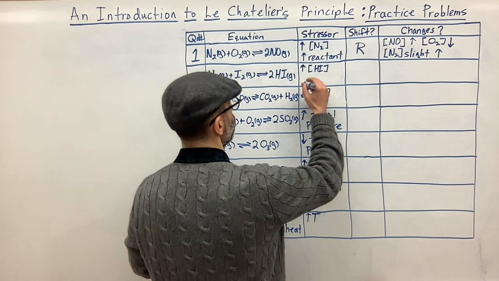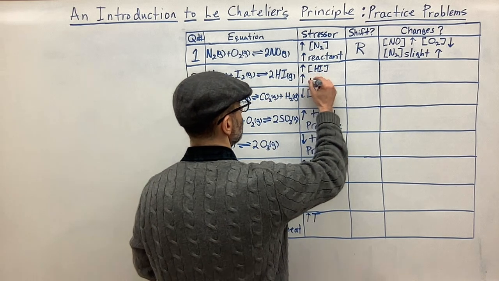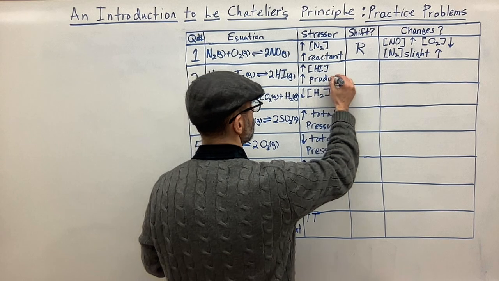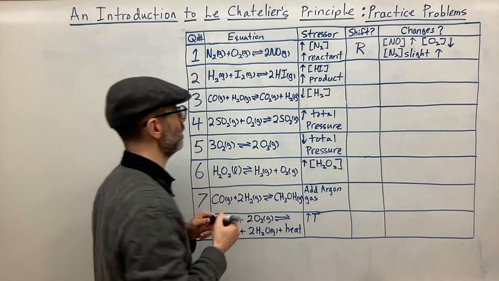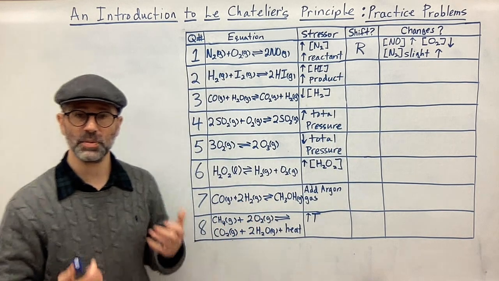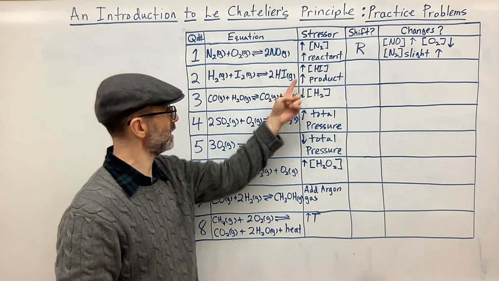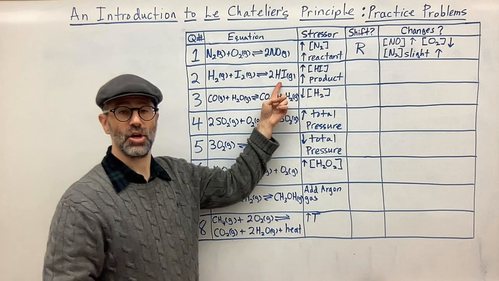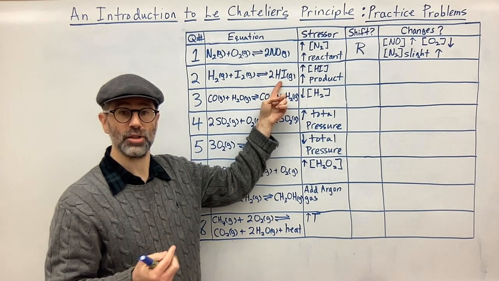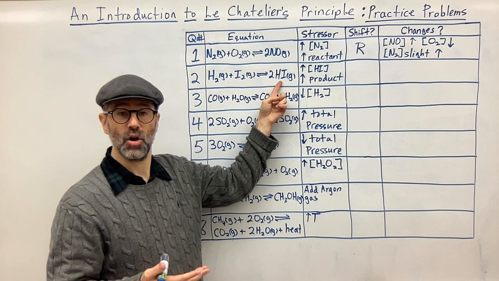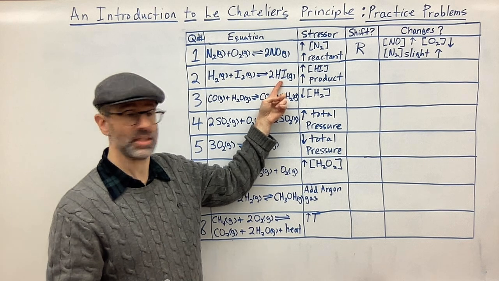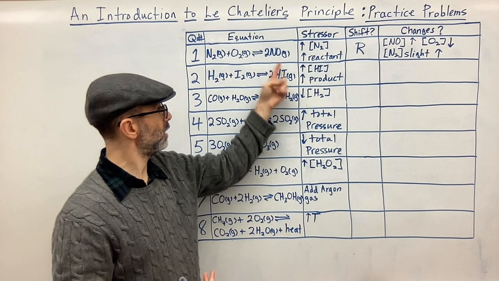So in this case, we are increasing a product. So what does Le Chatelier's principle say when we're increasing a product? So we're increasing on this side. So Le Chatelier's principle says we want to decrease, or we want to undo the increase of our HI.